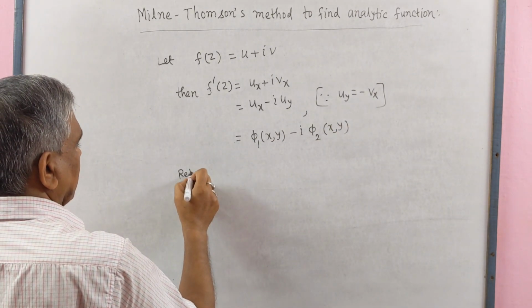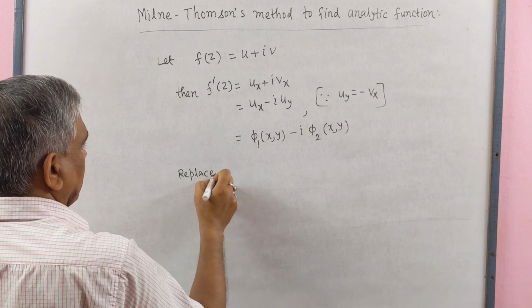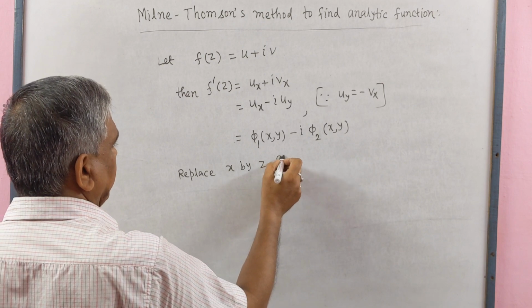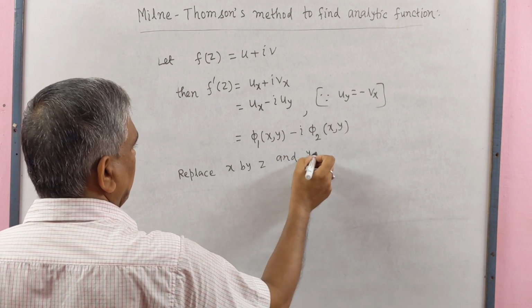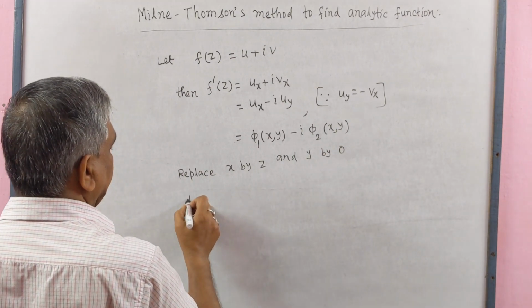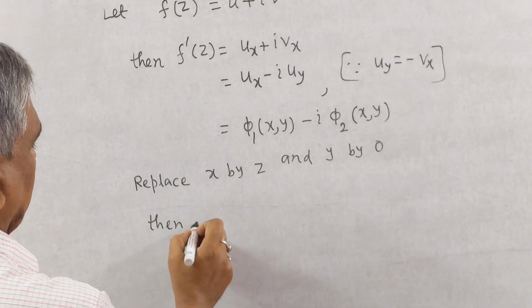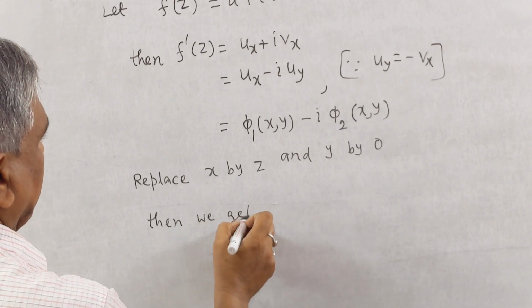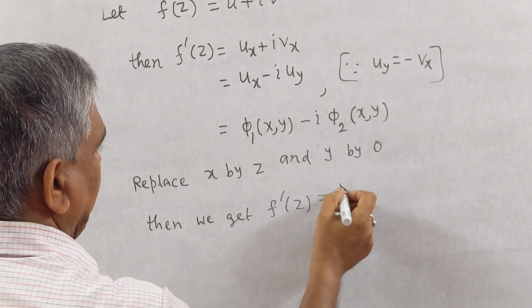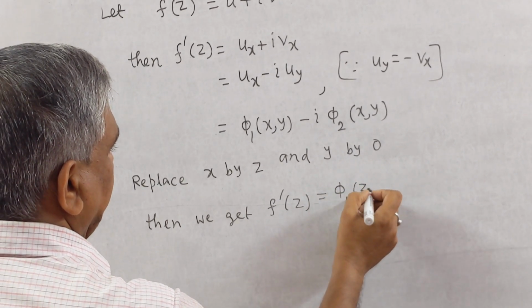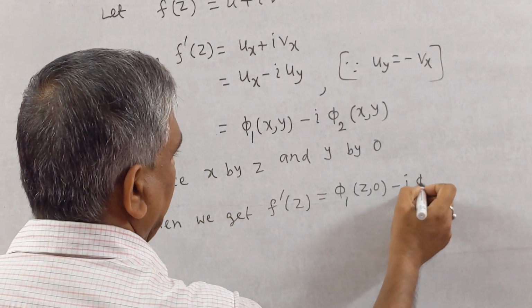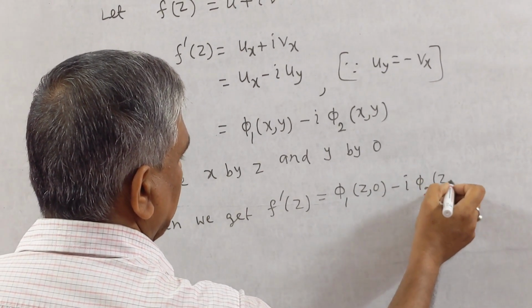Replace x by z and y by 0. Then we get f dash z equals phi 1 (z,0) minus i phi 2 (z,0).